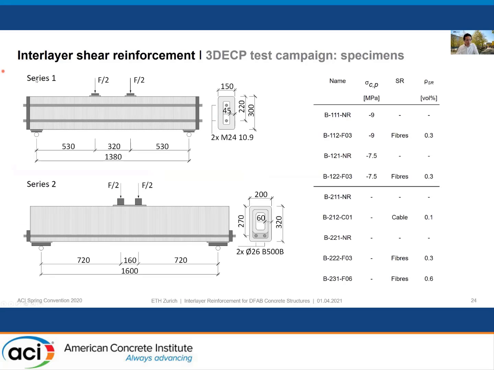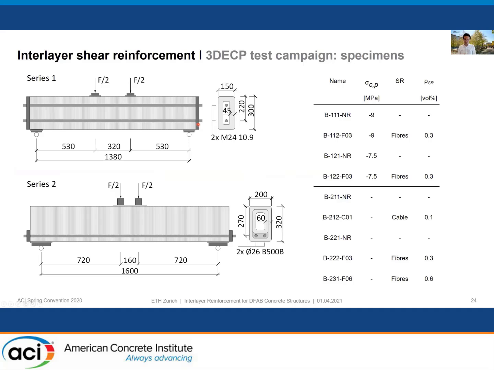This is the geometry for series 1 and series 2, beams in 4-point bending around 1.5 meters in span. The first 4 beams had this post-tensioning reinforcement.